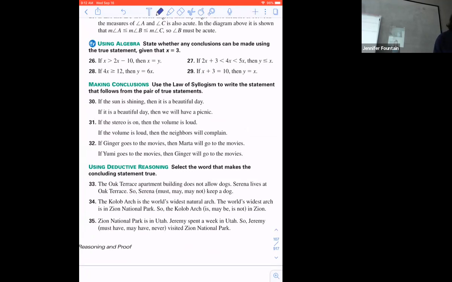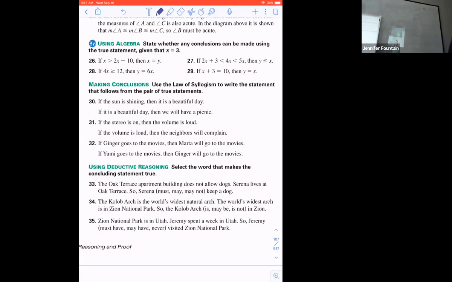And so then x equals y. Because our inequality makes a true statement, it can be concluded that x equals y.